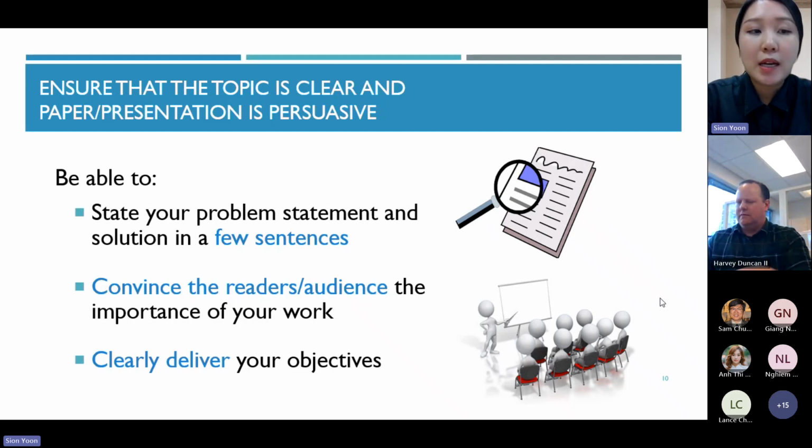Also be able to persuade the readers through your paper and audience through your presentation of the importance of your work with evidence, and clearly deliver your deliverables. No one will know your topic better than you. And many of the audience may not even know about your topic.